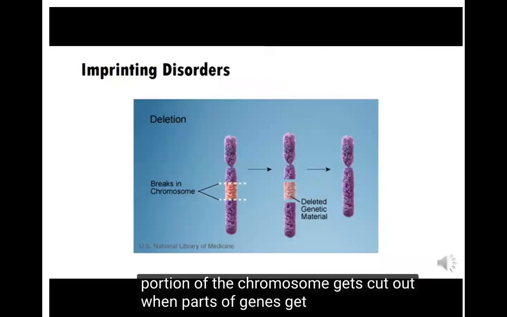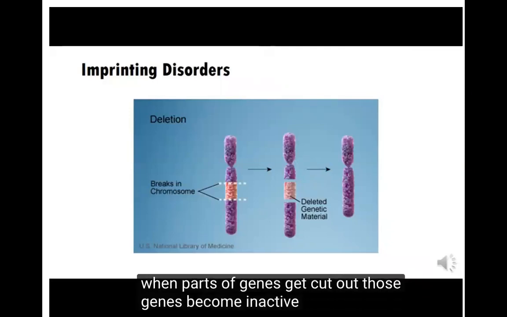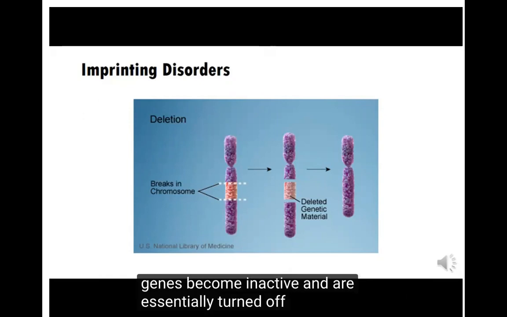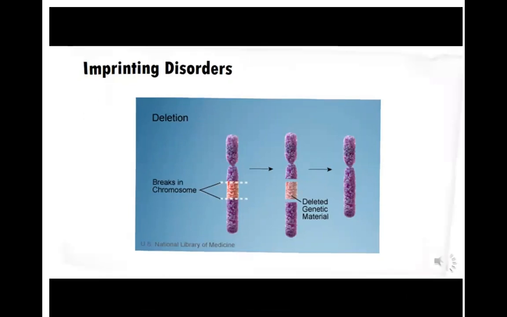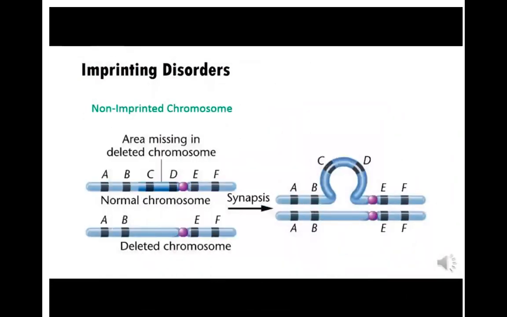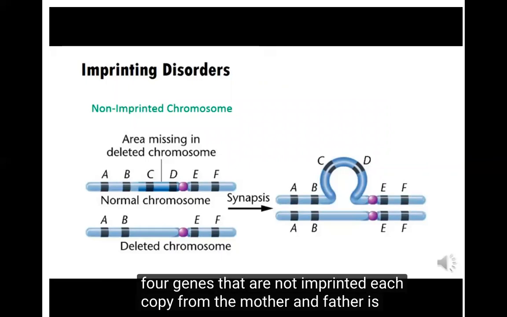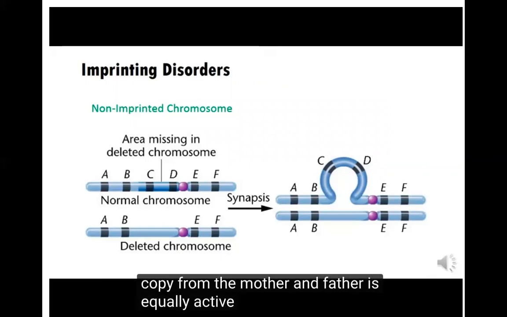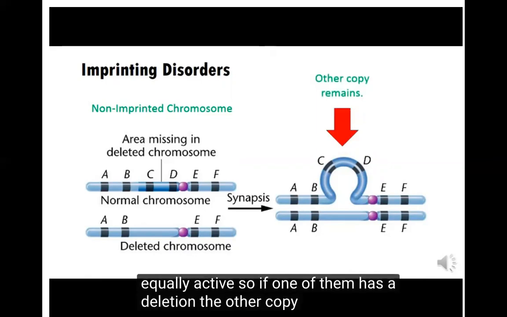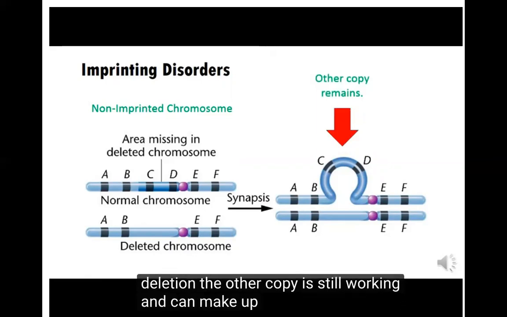When parts of genes get cut out, those genes become inactive and are essentially turned off. For genes that are not imprinted, each copy from the mother and father is equally active. So, if one of them has a deletion, the other copy is still working and can make up for the loss.